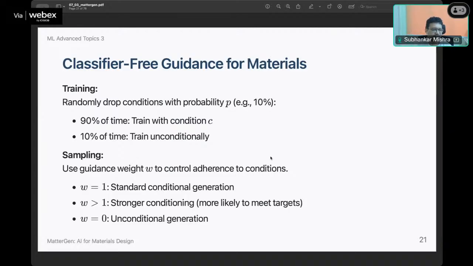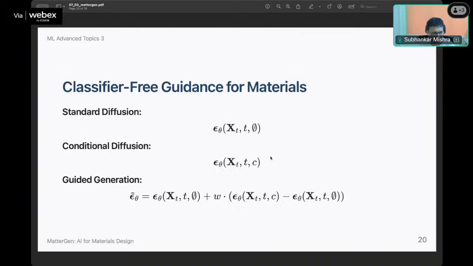If W is equal to 0, there will be no condition, and 1 is just the plain conditional model. But for stronger conditioning, you have to increase the value of W. And W sits here in the same loss function, applied on the conditional diffusion.